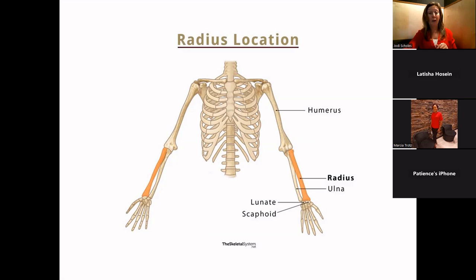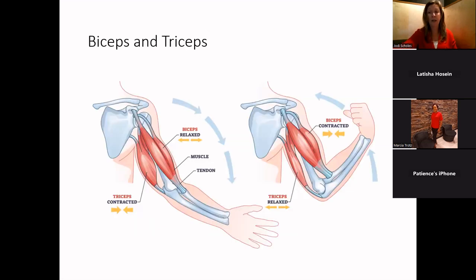On this arm, we've got some muscles. I feel like I'm singing Old MacDonald. On this arm, we've got some muscles, E-I-E-I-O. So we've got a bicep and a tricep. When the bicep contracts, it shortens and flexes the elbow.